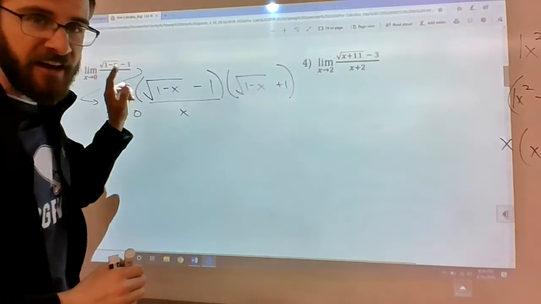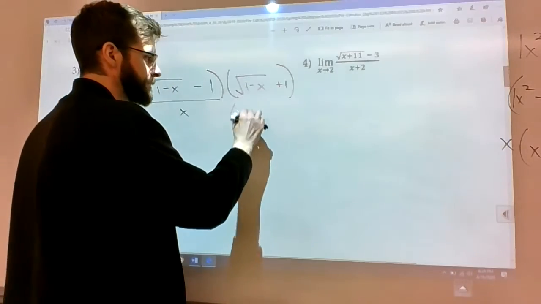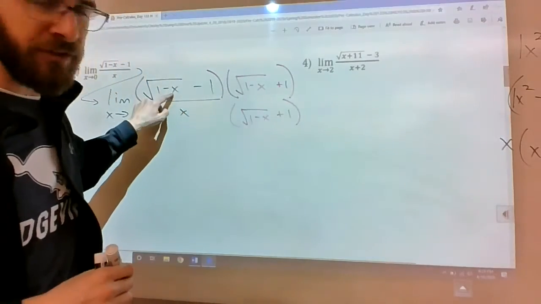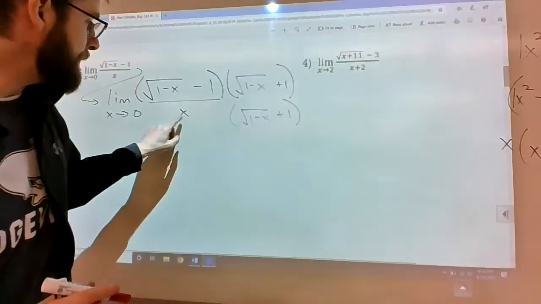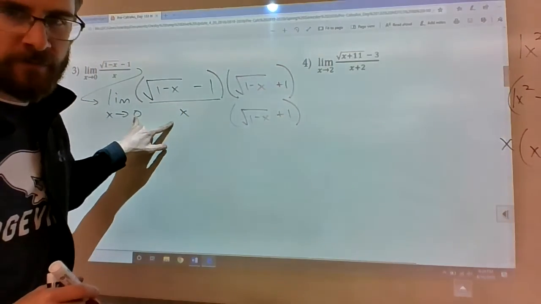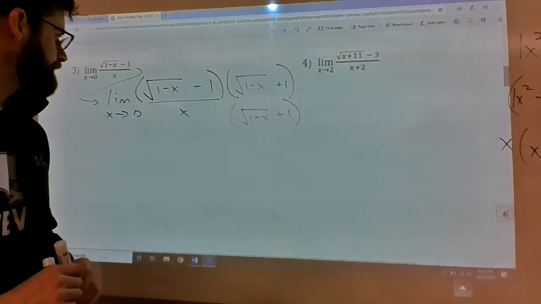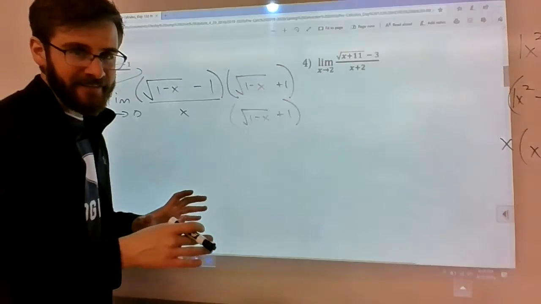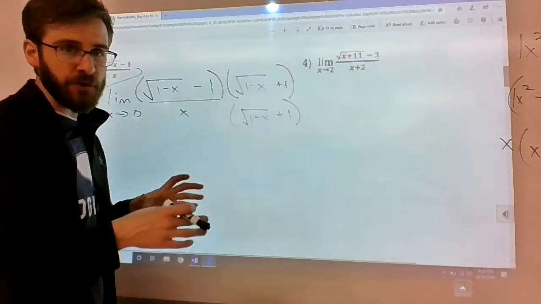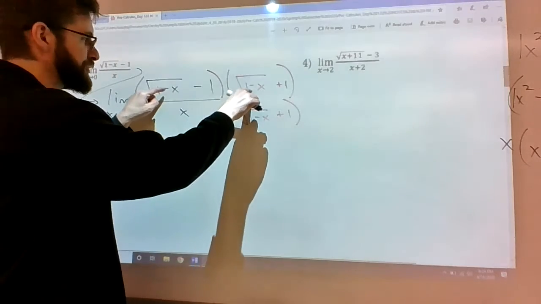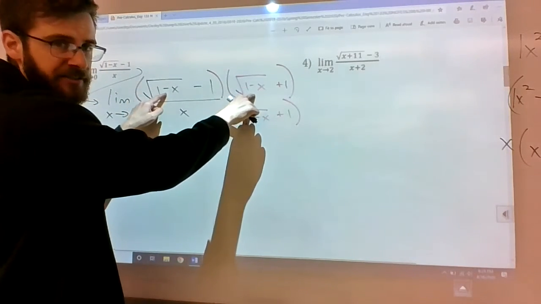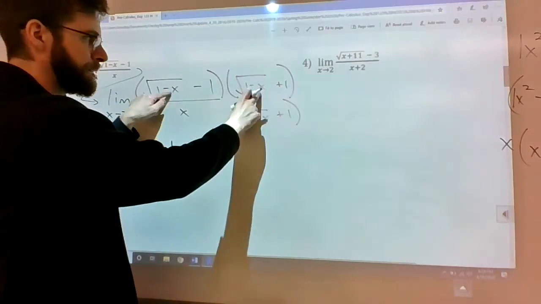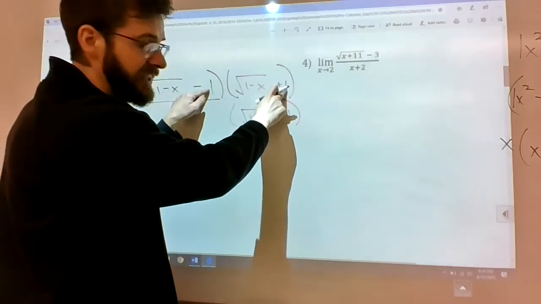If I multiply by that on the top and on the bottom, perhaps this x that's inside the root will somehow break out and maybe cancel out with our pesky domain issue. So like I said, the conjugate is a difference of squares. You square the first, root 1 minus x times root 1 minus x is 1 minus x. That's these two multiply together. And then these are squared as well.